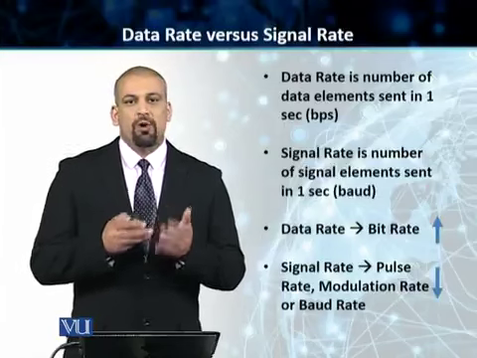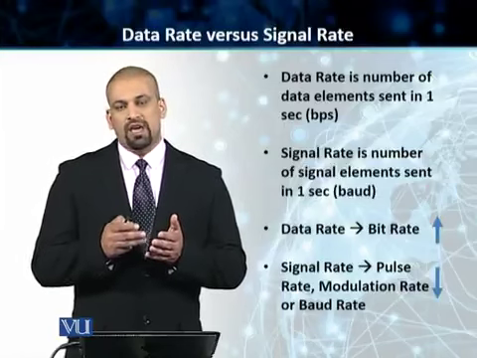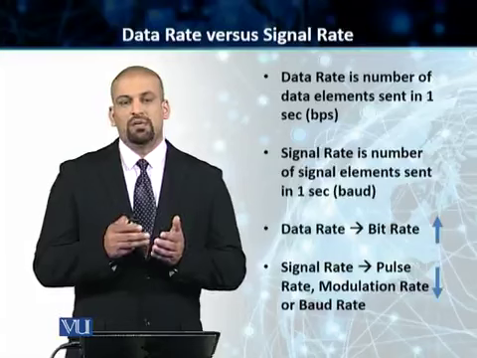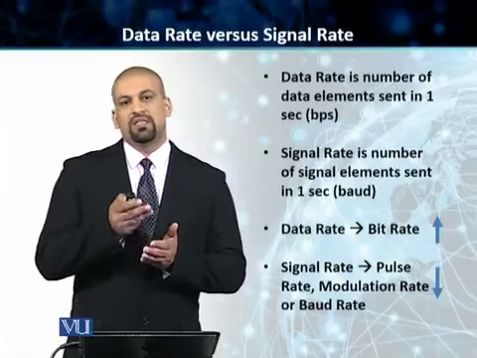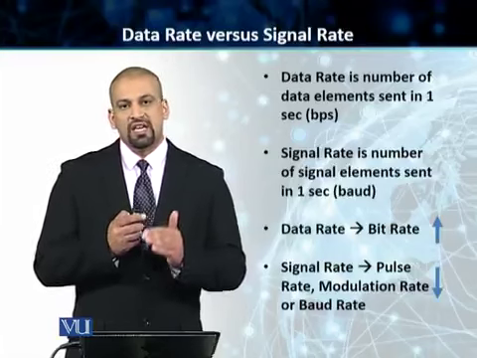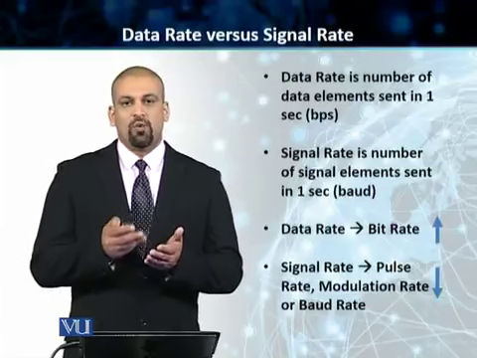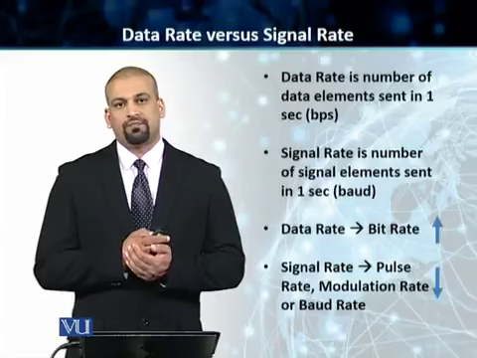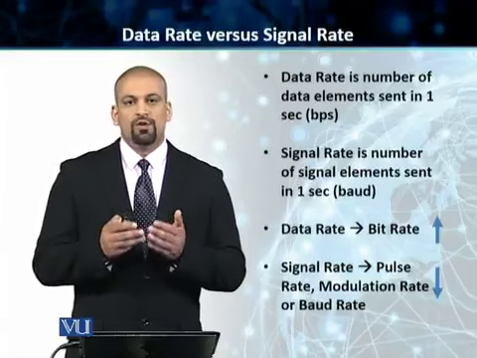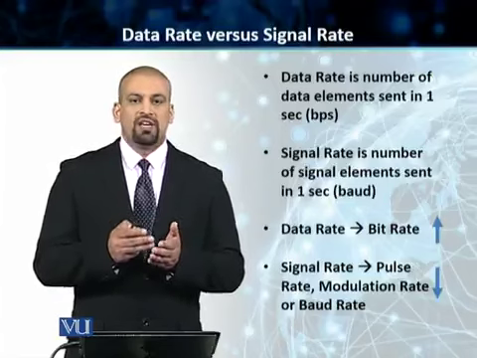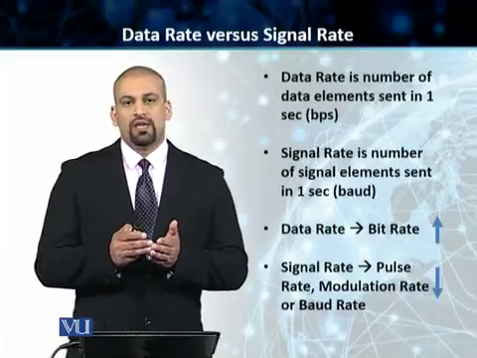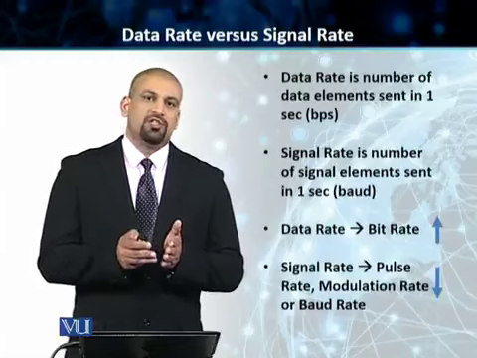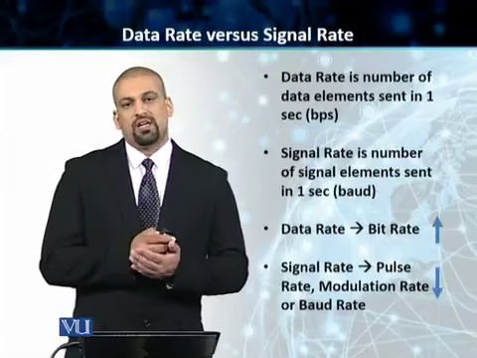Students, the inherent property in a data communication system is that our ultimate intention is to increase the data rate and decrease the number of signal elements that are required to actually carry that amount of data. If you use the analogy of some people traveling in a car, what we want to do is take as many passengers as possible in one single car.